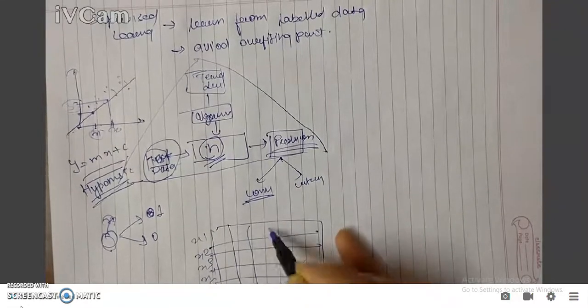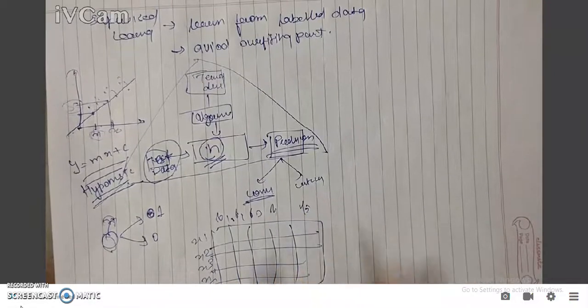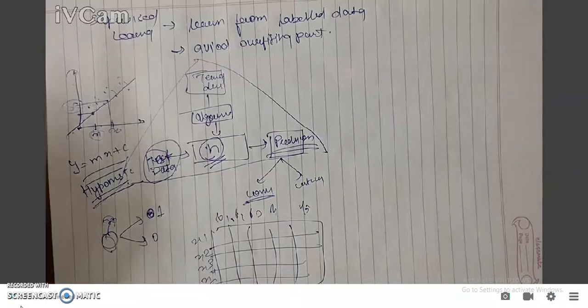And these are the feature values f1, f2, f3, f4, f5. What are the feature values? Feature values are the points like what is the color of the fruit, what is the shape of the fruit, what is the weight of the fruit. These are the features. On the basis of these features, right, we try to calculate the prediction, right?